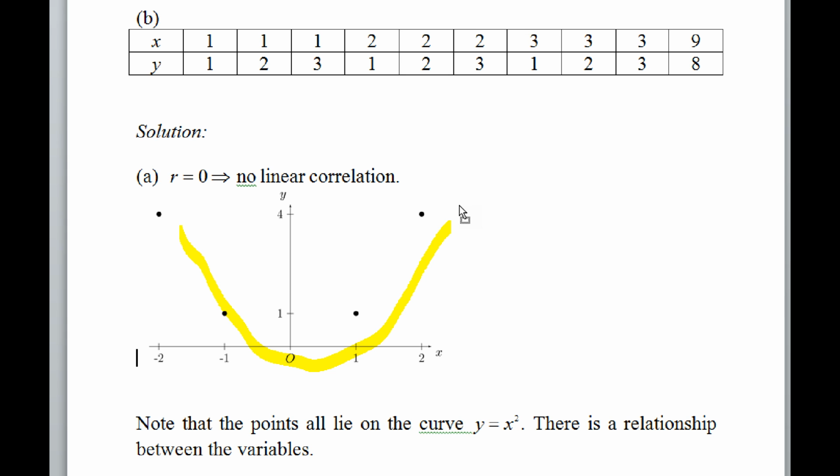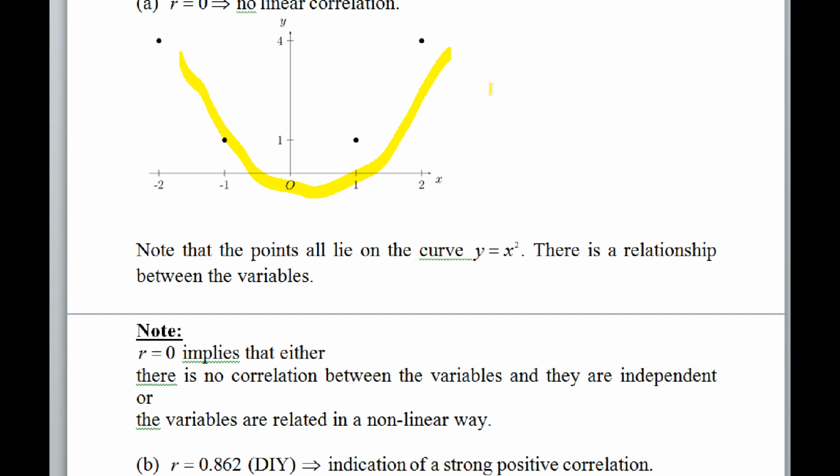So while we are right to say that they are not linearly correlated, we're not wrong, but there seems to be some kind of correlation, which is they are related by a quadratic equation. There is a relationship, just not linear. So don't be too quick to say R equals 0 and not care.